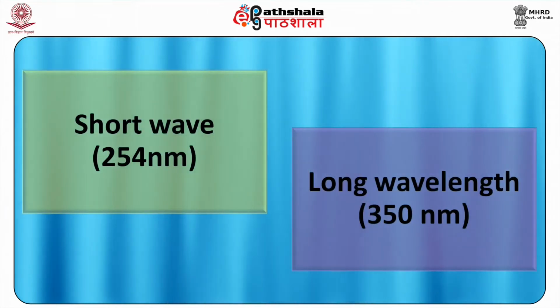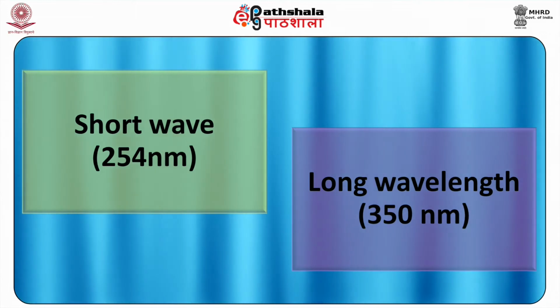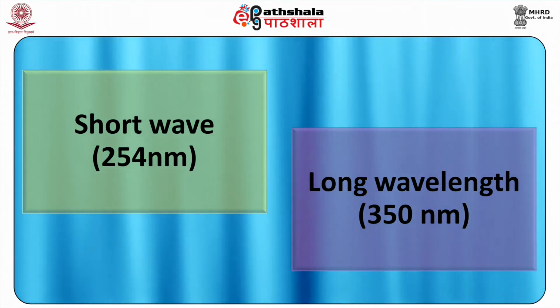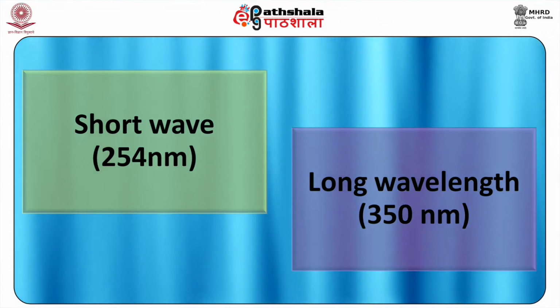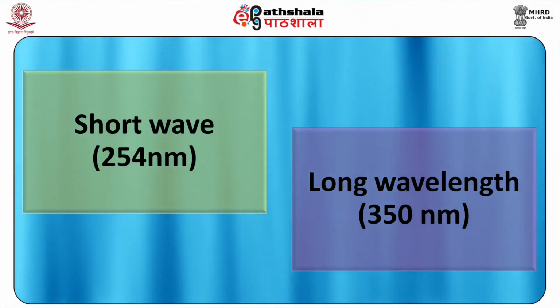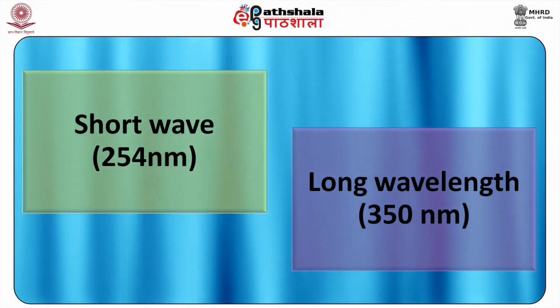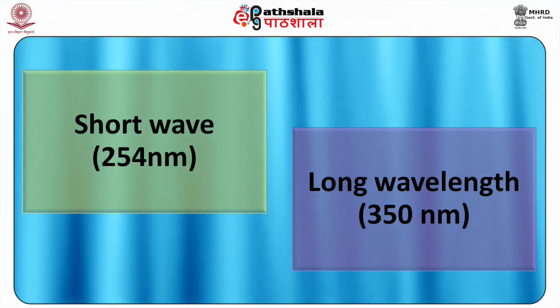Now, this examination is done by observing the glass fragments over a non-fluorescent background, by illuminating them consecutively with short wavelength and long wavelength ultraviolet rays, that is, of wavelength 254 nanometers and 350 nanometers respectively.